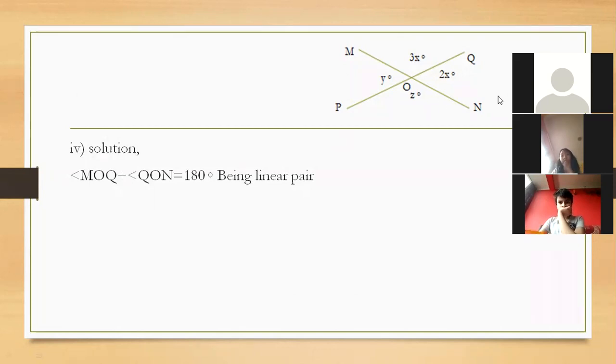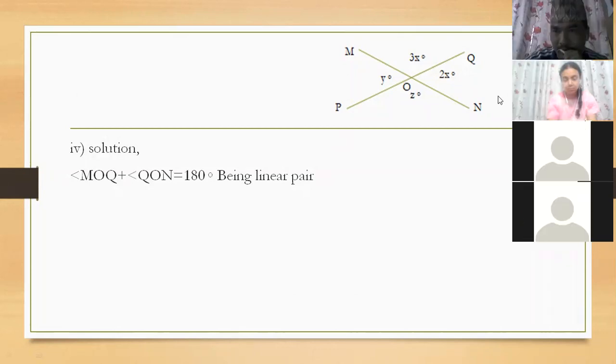Are you clear, Aviral? First step. Riva, have you understood this first step? Now look here, I am going to show the next step. Why did we start this? Because we can add these two angles. That's why we started from here.